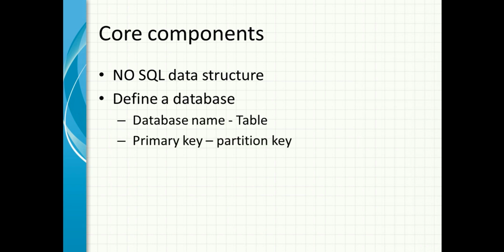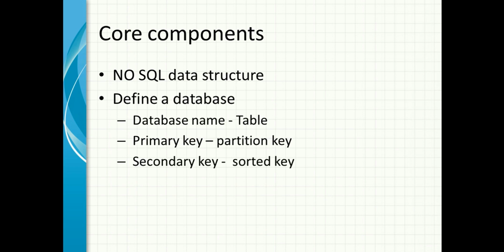Every table will have a primary key, which in AWS Cloud and DynamoDB terminology we call a partition key. So a table will have a partition key, and all items in that table will have a unique value for that partition key.